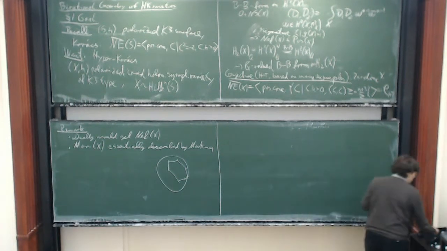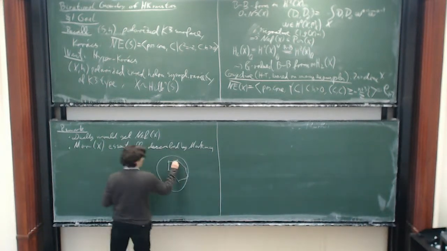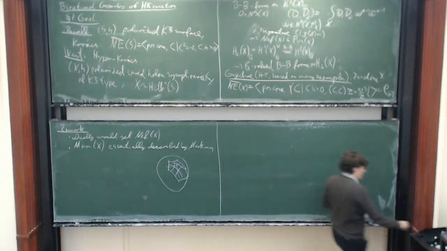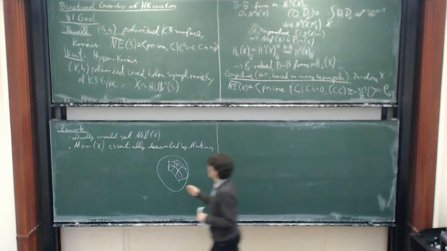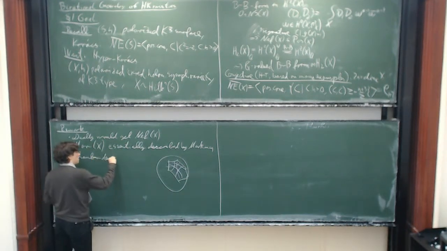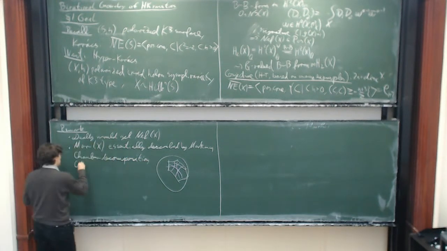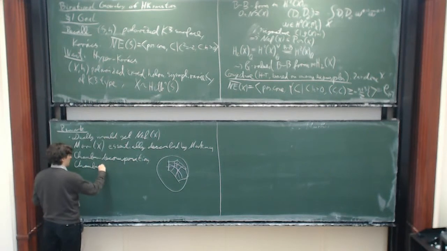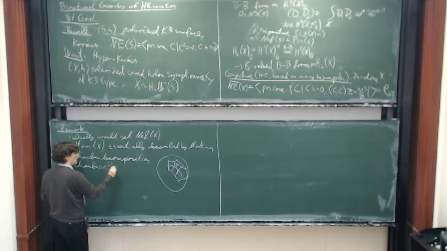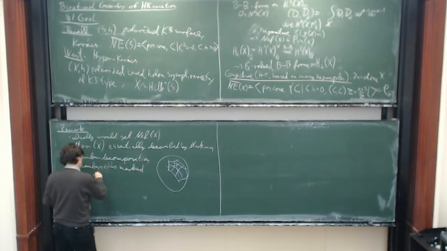Then this positive cone has a chamber decomposition, where the chambers correspond one-to-one to marked birational models, let me say, minimal models.